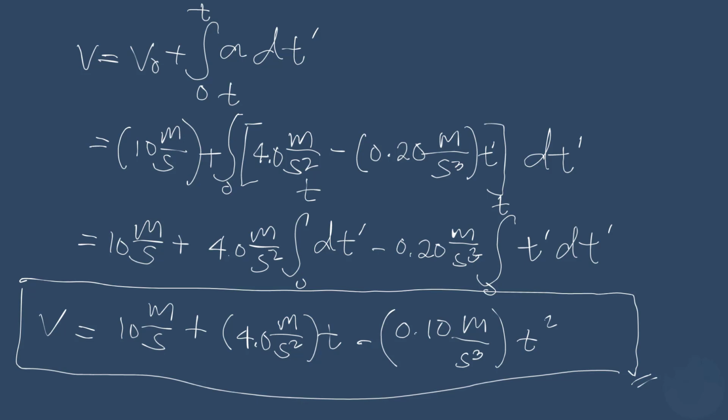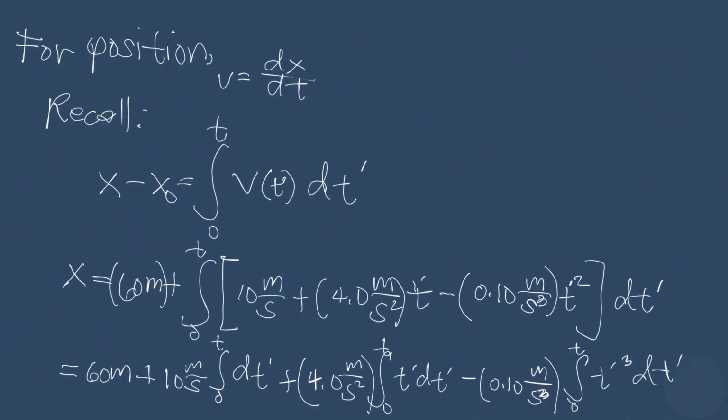So the expression for the velocity is given by 10 meters per second plus 4 meters per second squared times t minus 0.10 meters per second cubed times t squared. This is the expression of the velocity of Tanjiro while attacking the upper rank 4.